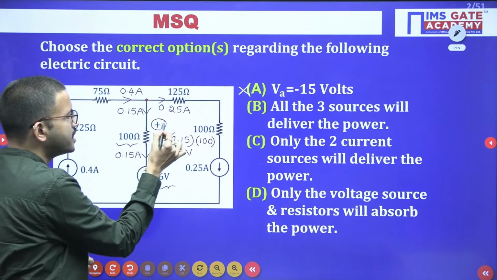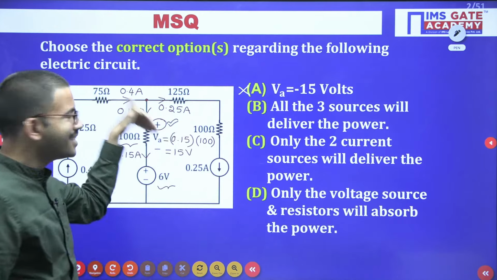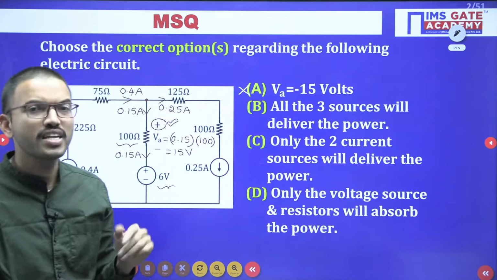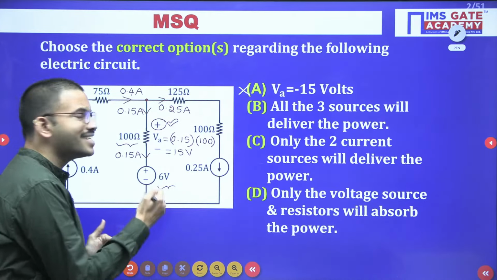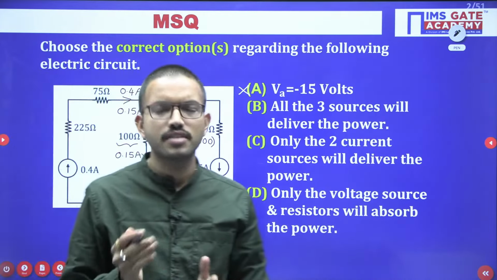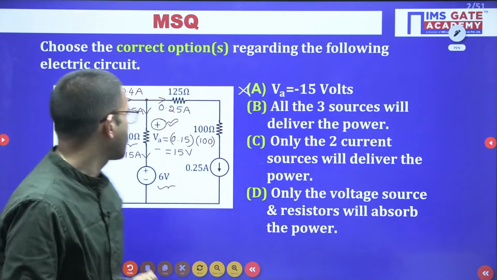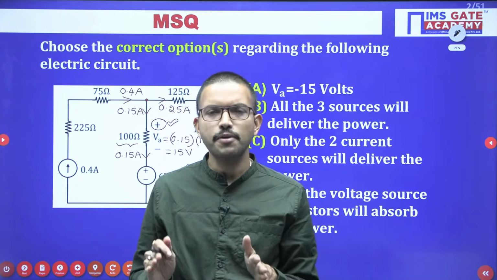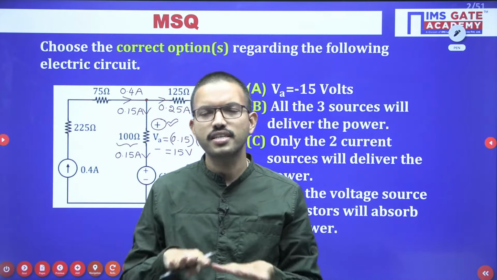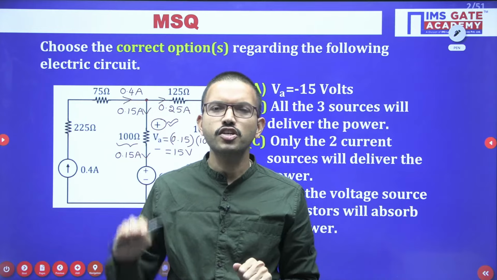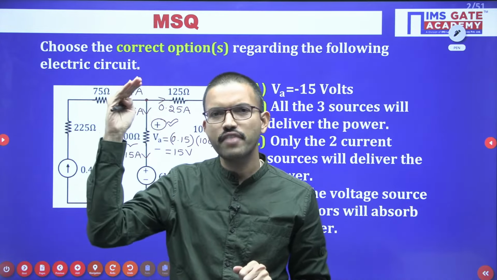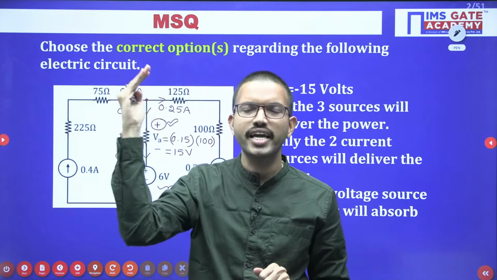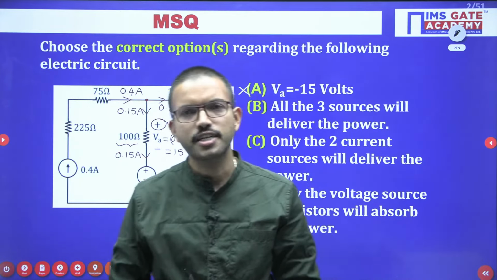So you can observe here, in this particular resistor, current enters at the positive terminal. Whenever current enters at the positive terminal, that means it is absorbing. Instead, if the current enters at the negative terminal, then we will say it is delivering, right? Say, for example, water from the sump on the ground floor to the overhead tank on top: obviously you will use a motor.